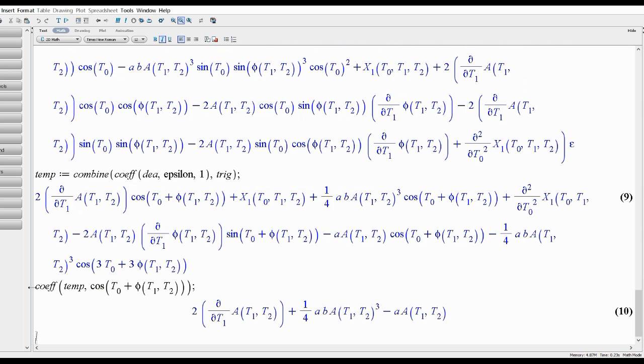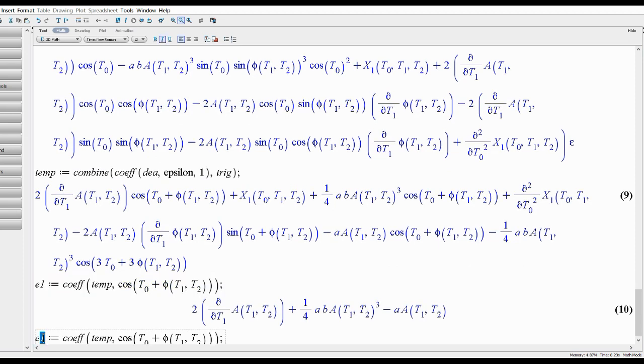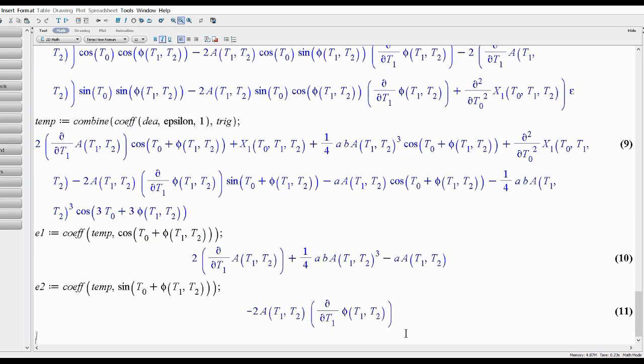So what I will do here is I will say E1 is equal to that, and E2 is the coefficient of the sine. Alright, and you see this has to be 0, which tells us how A evolves.